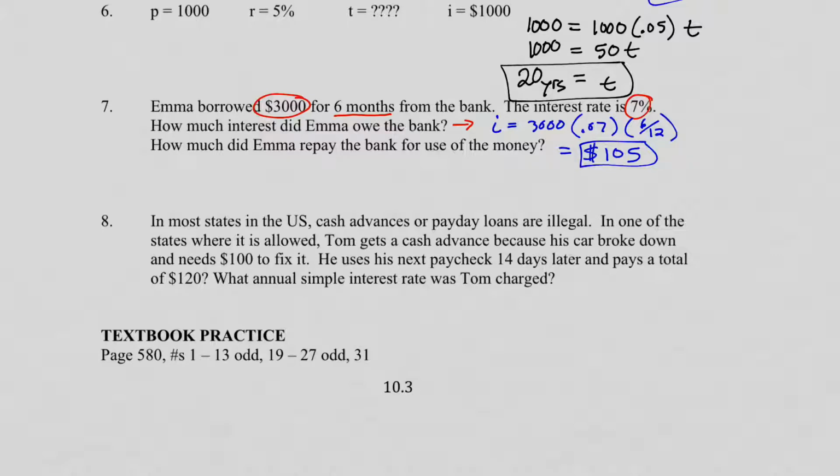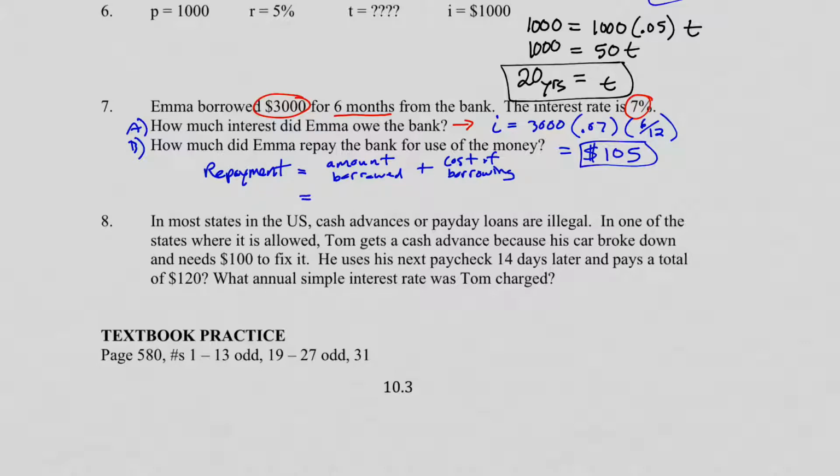All right, and so how much did she repay? So the second question is going to be right here. So this is A, this is B. So repayment is going to be basically the amount borrowed plus the cost of making that transaction, the cost of borrowing.